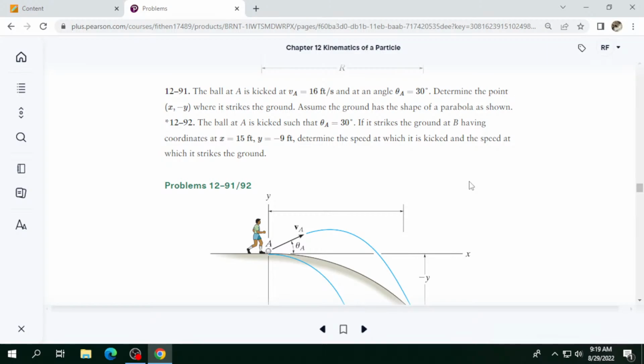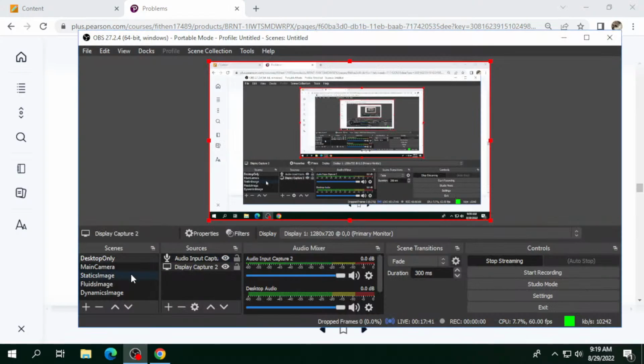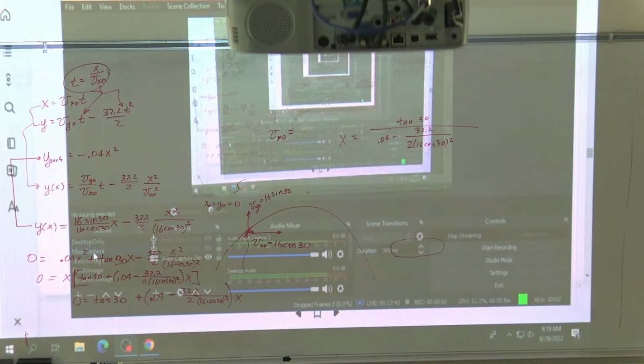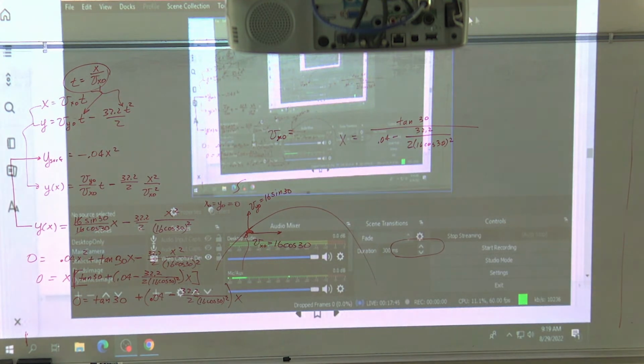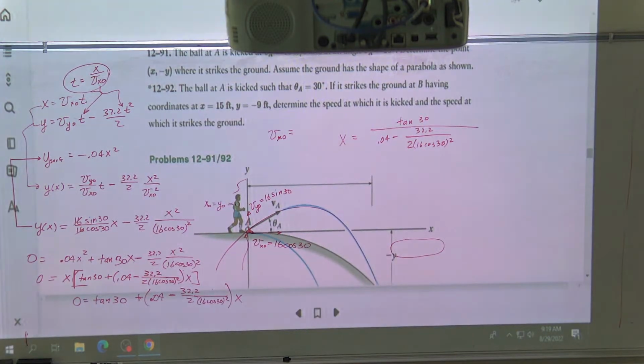And what I'm going to do real quick, oh, I forgot to switch back to the other camera, and then I'll switch out of there, and I'll check the stream real quick.